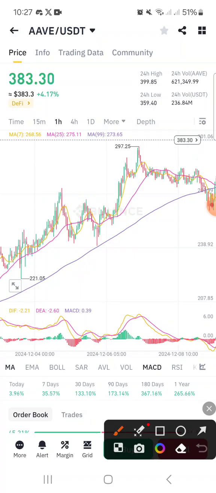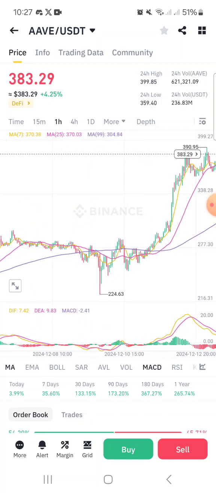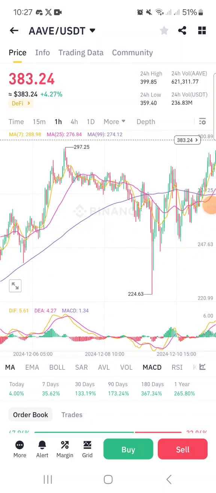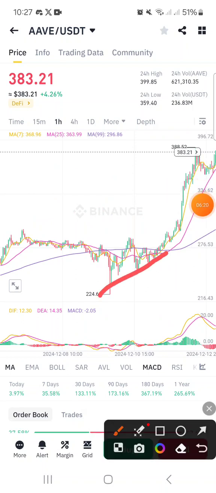Because I'm using my phone, that is why I had to get it this way. There is something I also want to draw attention to. If you look at this, from here to here, we can see that there is a support. Support 1, 2, 3, you can even get 4.